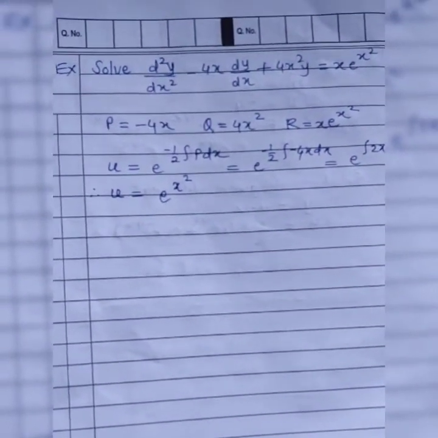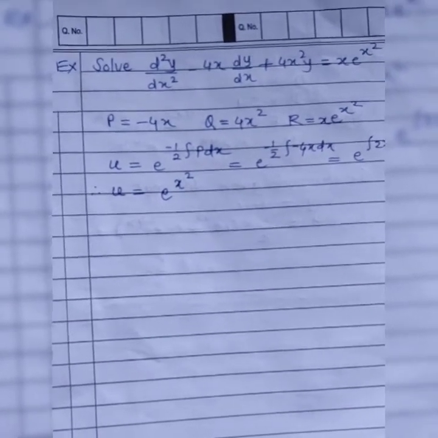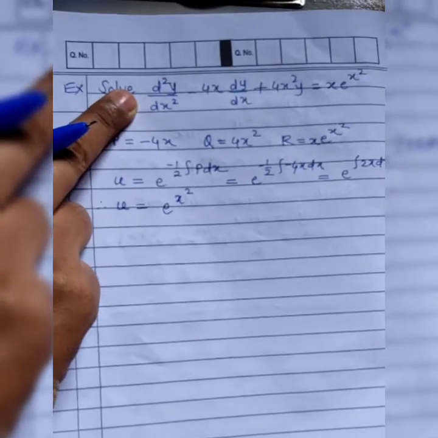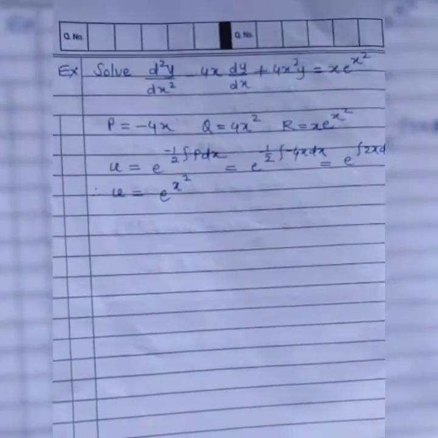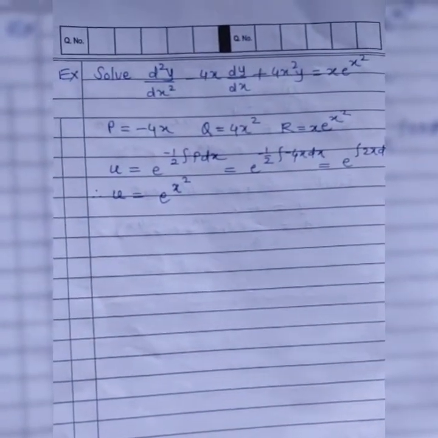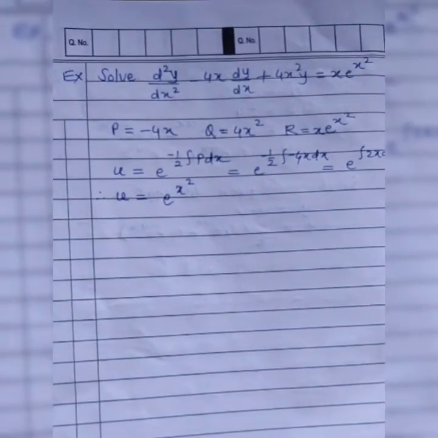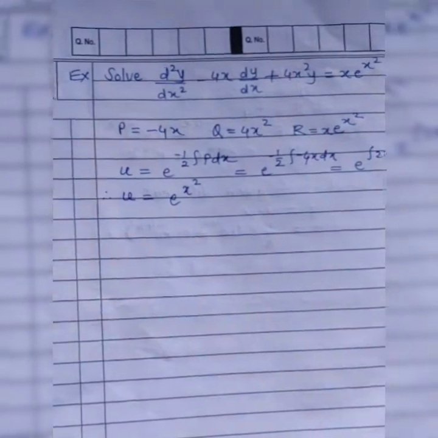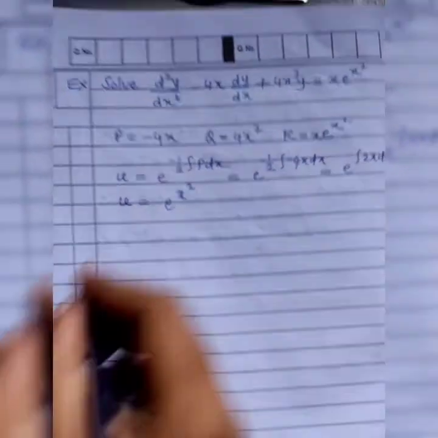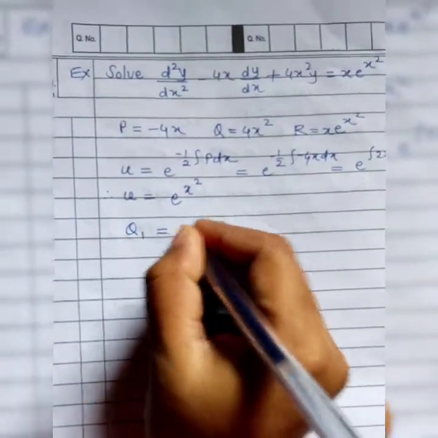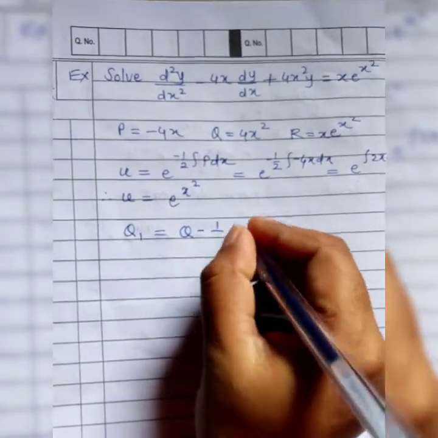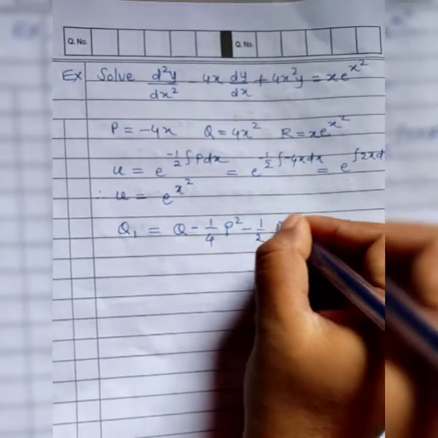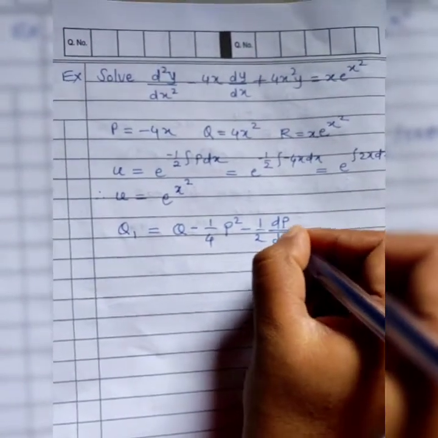Now we have to find v, because y is equal to uv is the solution of this differential equation. So to find out v, we have to first find out q1, which is equal to q minus 1 by 4 p square minus 1 by 2 dp by dx.